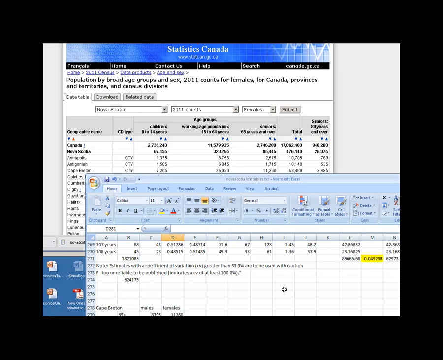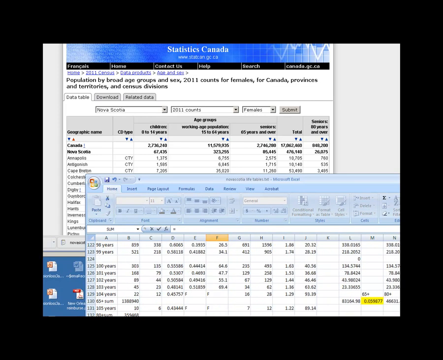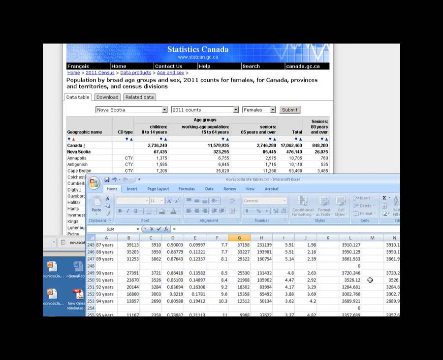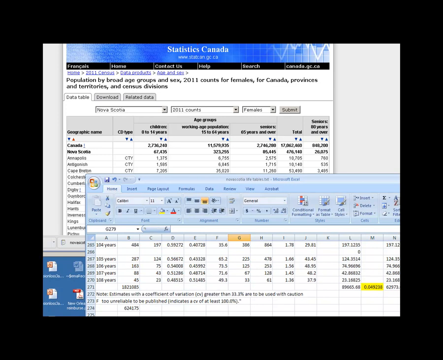Okay, so here's my population, and I know that each year for males that are 65 and older, they have an annual probability of death of 0.05, and for females 65 plus, it's, oops, no, I made a mistake.